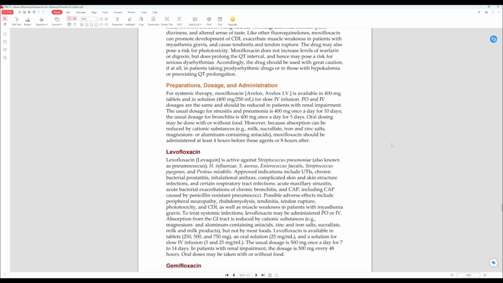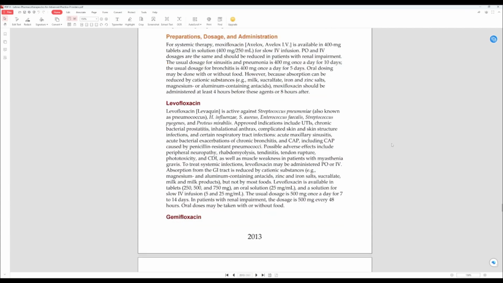So, its preparation, dosage, and administration. Again, for systemic therapy, moxifloxacin is available in 400 milligram tablets and in solution, 400 milligrams in 250 ml for a slow IV infusion. Both oral and IV dosages are the same and should be reduced in patients that have renal impairment.